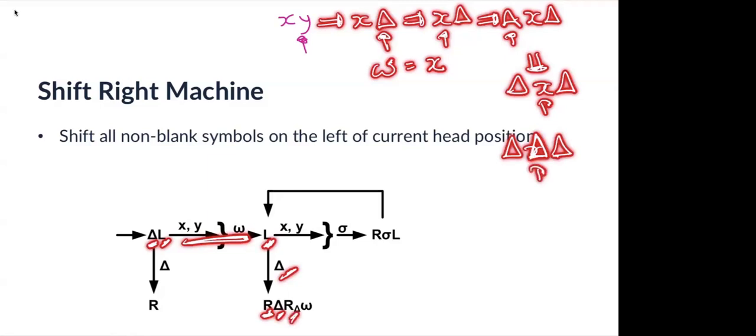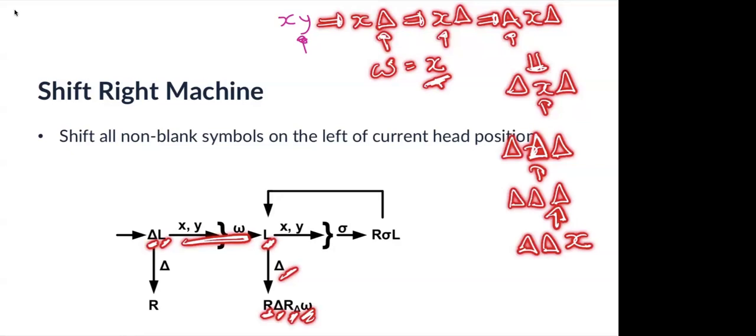And then we move to the right until we find a delta. So from here, we move to the right until we find a delta, which is here, and we write it with omega. So we write it with omega, which we start before, it is an x.